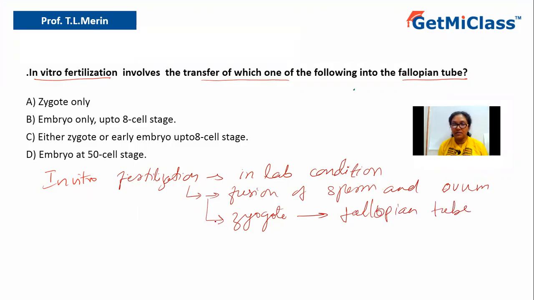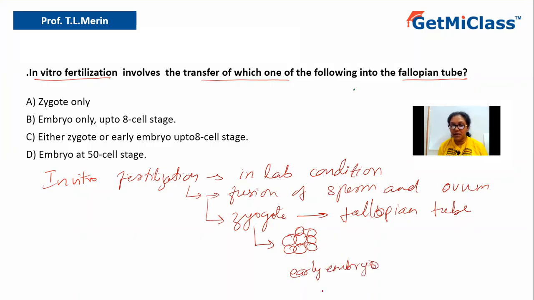Or this zygote will start dividing, and it will be in the cleavage stage where it will form up to the 8-cell stage. Up to the 8-cell stage, it is called the early embryo.